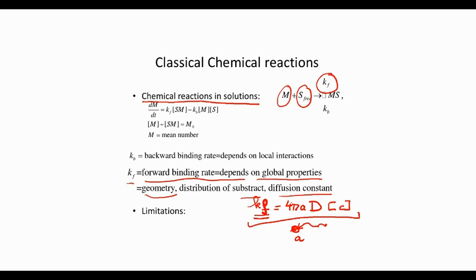And then when the product MS is formed, it can dissociate. This is measured by the backward rate, which we have seen in a previous class is exactly 1 over the mean first passage time for a molecule to dissociate from a potential well.